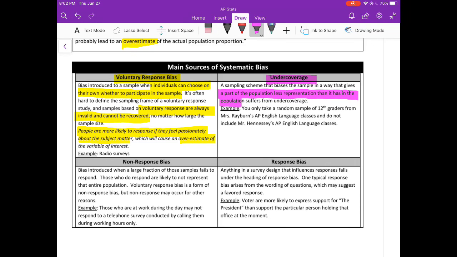So for example, if you only take a random sample of 12th graders from Mrs. Rayburn's AP English class, but not in Mr. Hennessy's AP English language class, you aren't representing all the 12th graders equally.